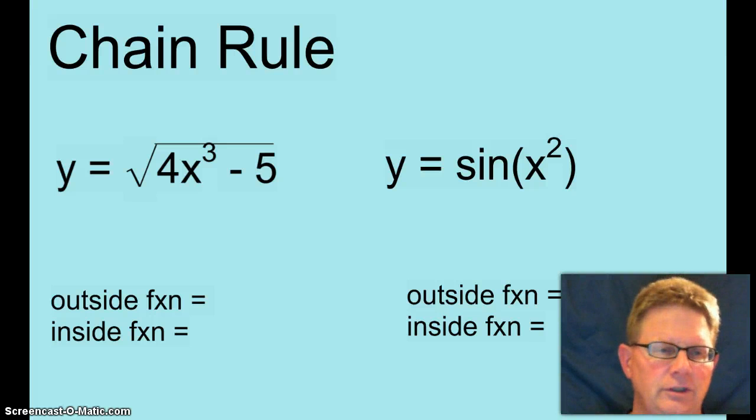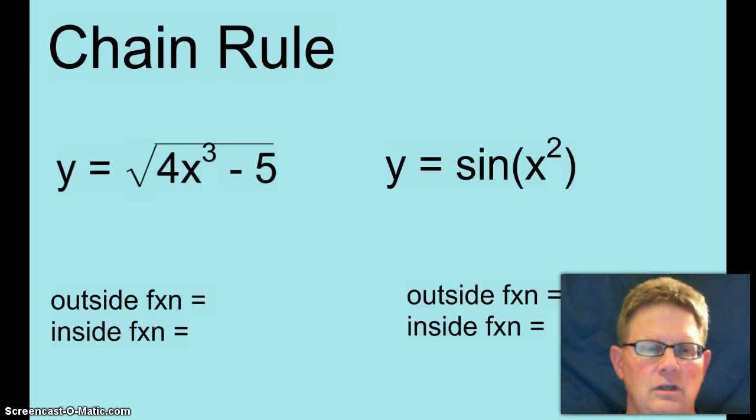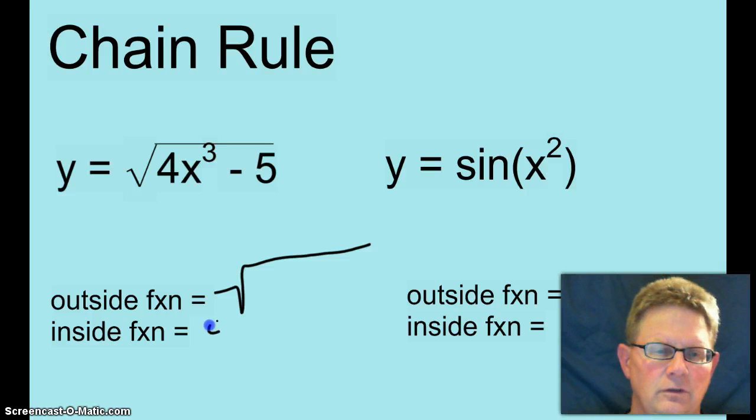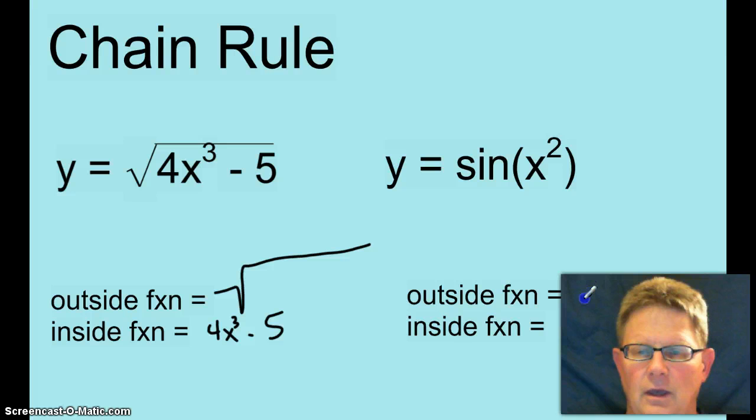Okay, the first function there, y equals the square root of 4x cubed minus 5. What is the outside function? It is the square root function. What's the inside function? 4x cubed minus 5. Good. Okay, y equals sine of the quantity x squared.